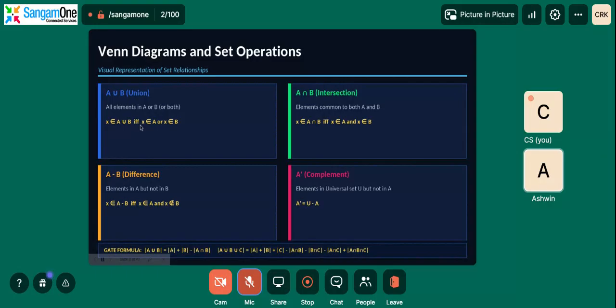X belongs to A union B if and only if, you can ask what is the iff, it corresponds to if and only if X belongs to A or X belongs to B. Because if an element is an odd number it belongs to A, or if it is an even number then that element belongs to B. It can be either of them.